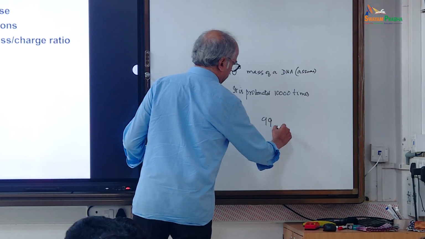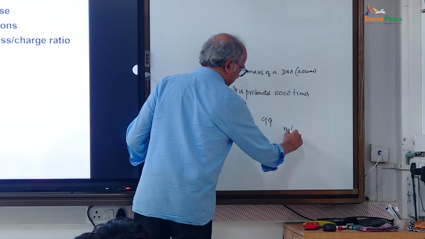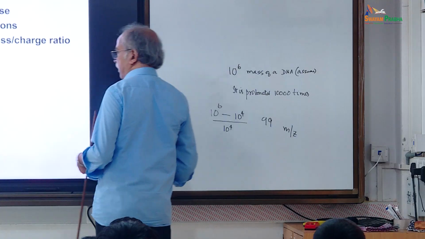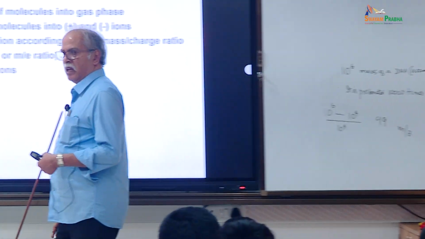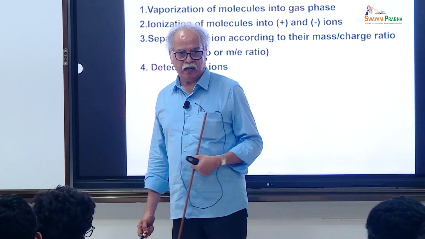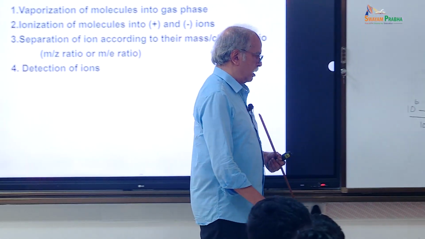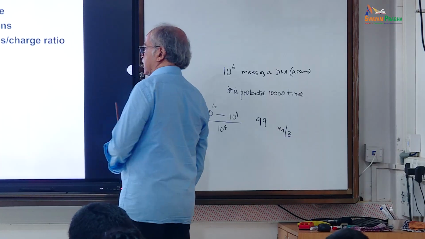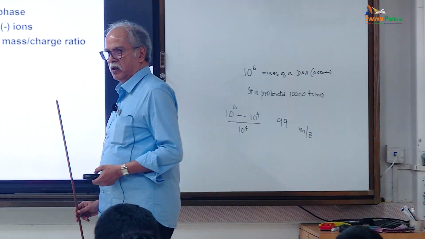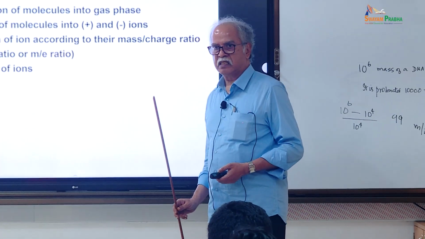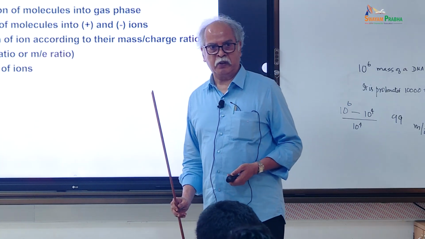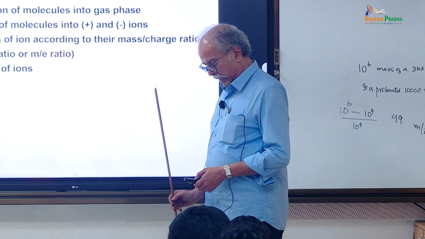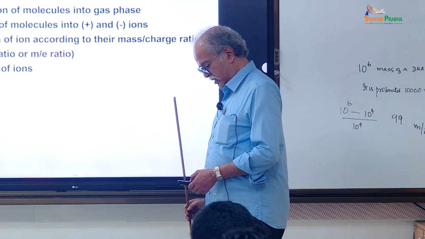So you need to measure only m/z of 99 to conclude that you had a 10 to the power 6. Such is the power of mass spectrometry. You can measure masses 10 to the power 4, 10 to the power 5 without any difficulty. I'll explain to you how it is done.